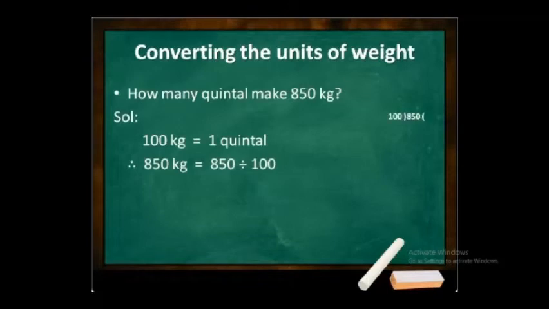So when you divide it, 100 8s are 800. Bring down 5 and 0. Put a point, add a 0 to 550. 100 5s are 500. So the remainder is 0. So you got the answer 8.5 quintal.